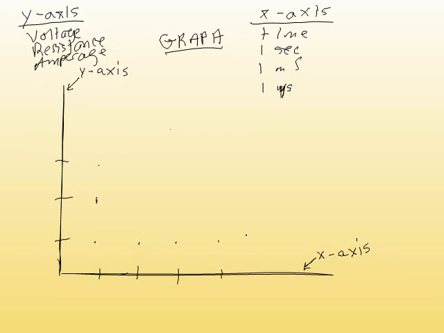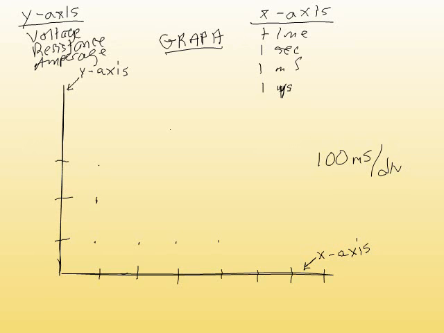Basically, let's say that we set up the x-axis to measure 100 milliseconds per division, and the scope has several different divisions we can use.